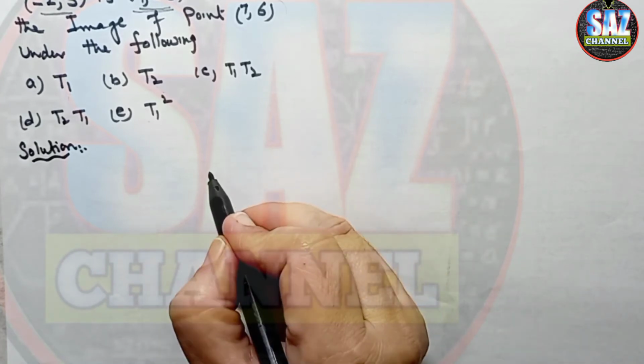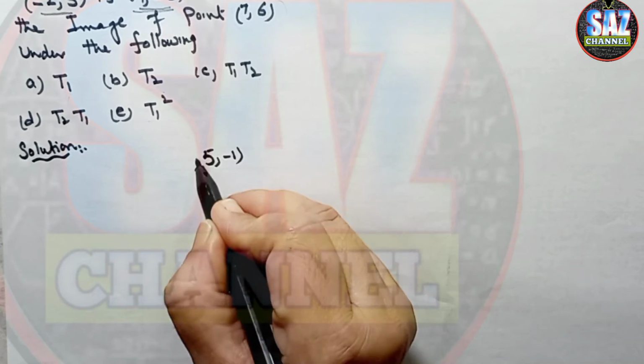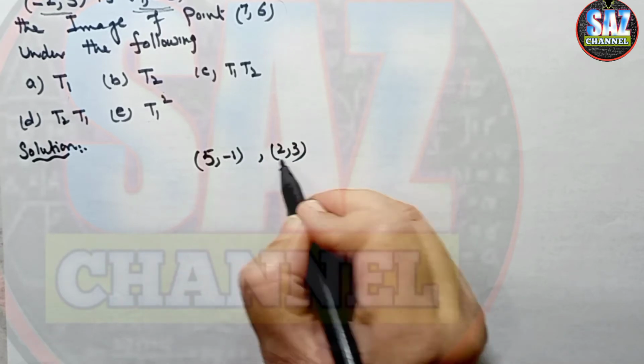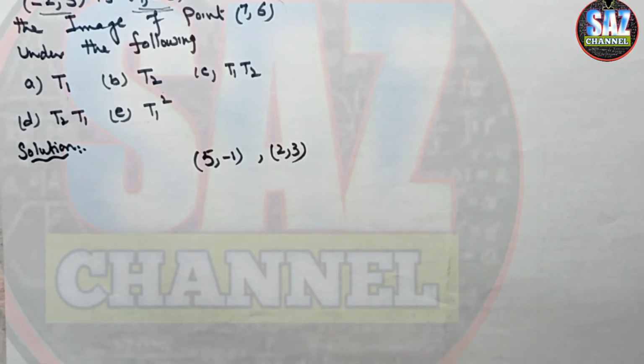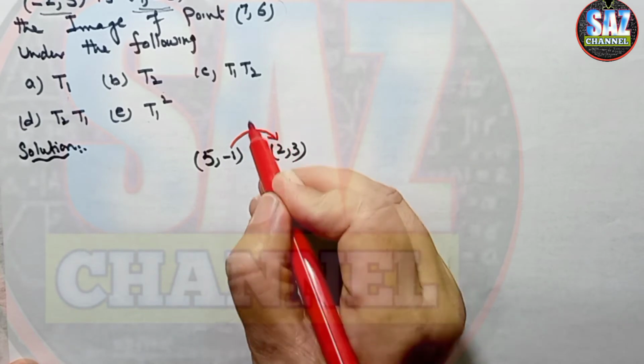Object for T1 is 5 and minus 1 and the image is 2 and 3. For the translation vector T1, this is the object and this is image.